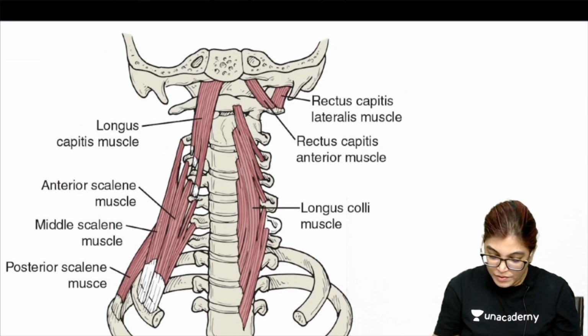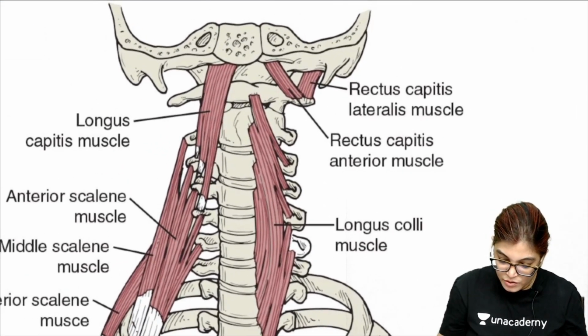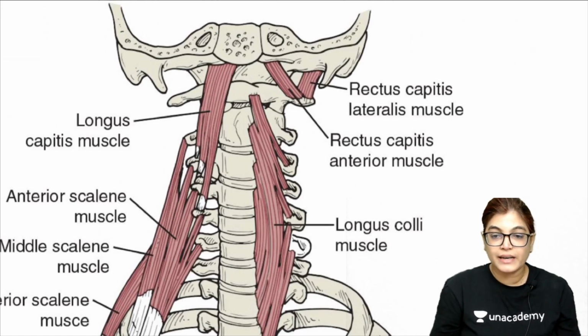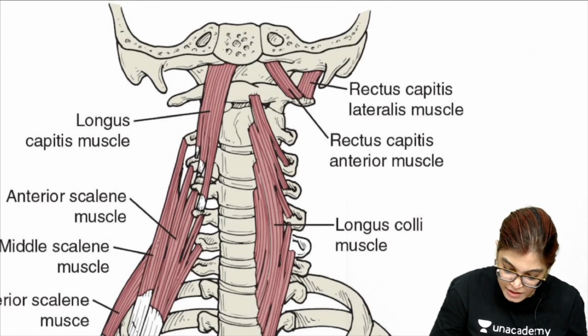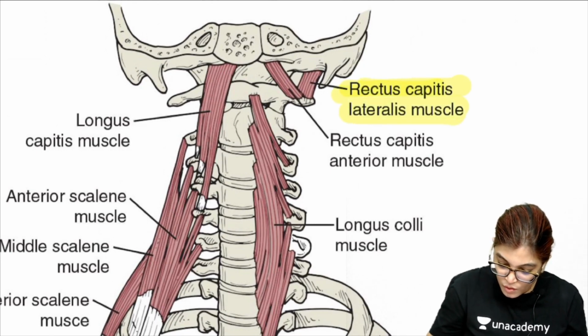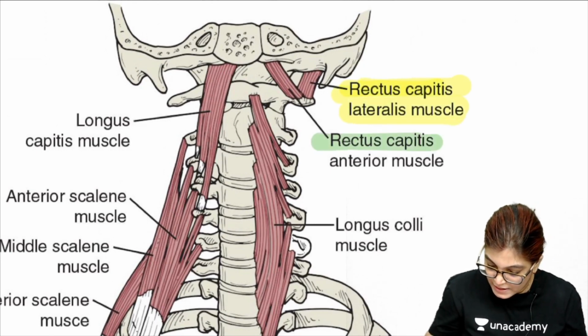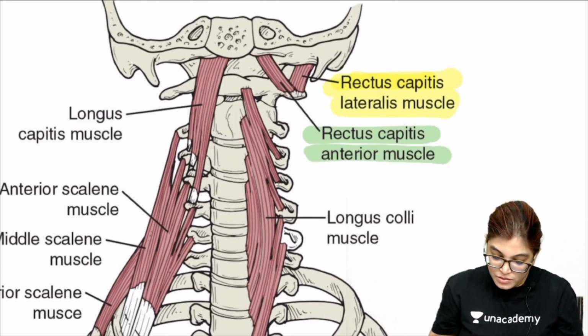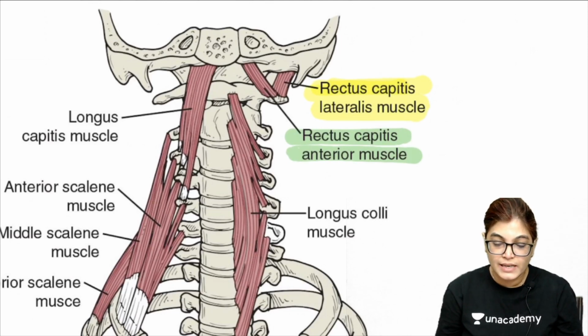You can focus on the rectus capitis lateralis and rectus capitis anterior muscles. This is the rectus capitis lateralis muscle, and lower to it is the rectus capitis anterior muscle. These are small muscles as you can see in the diagram.